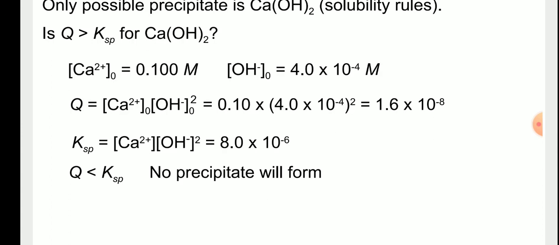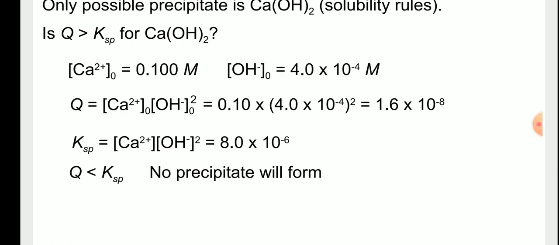So now the ionic product is basically 0.1 into (4.0 into 10 to the power minus 4) whole squared, in the case of calcium hydroxide, because calcium is 1 but OH is 2, so it goes to the square. Ultimately it is 1.6 into 10 to the power minus 8. This is the ionic product, but the Ksp value of calcium hydroxide is 8.0 into 10 to the power minus 6.